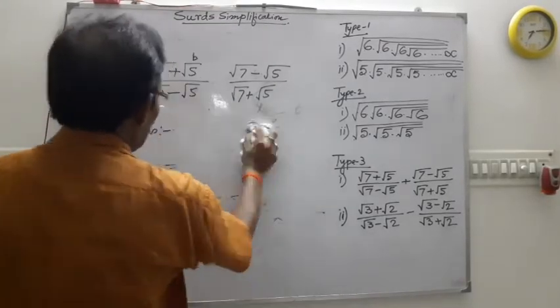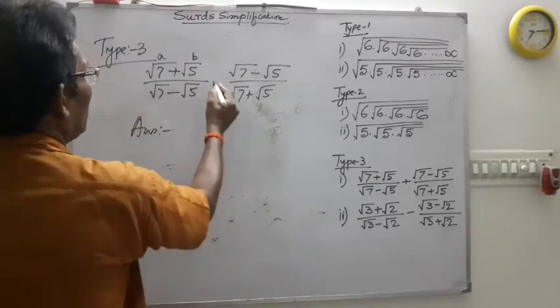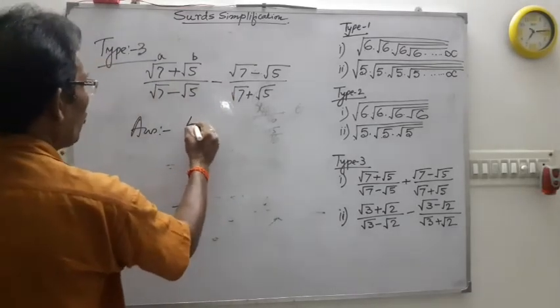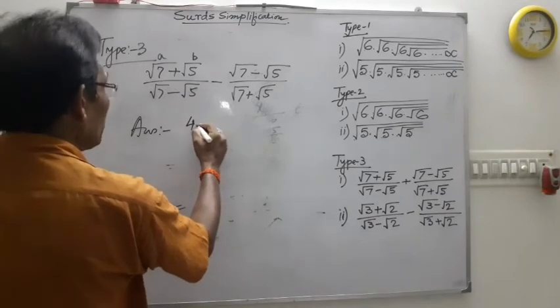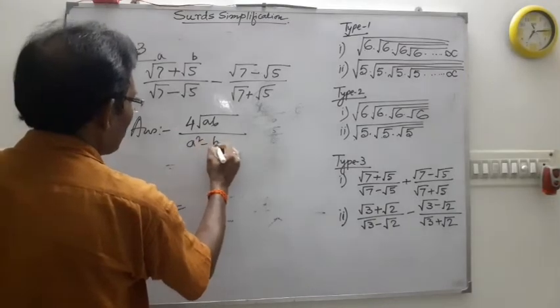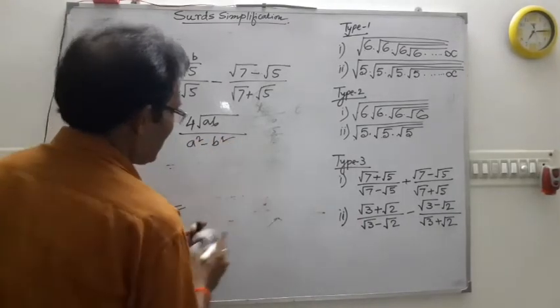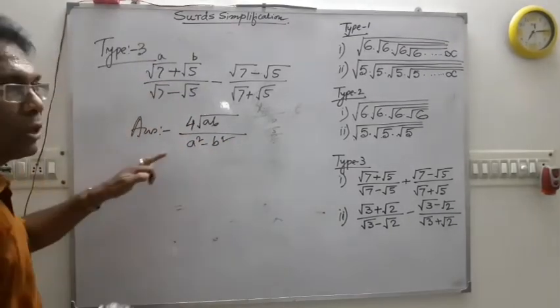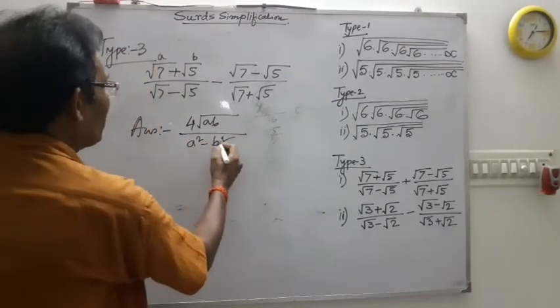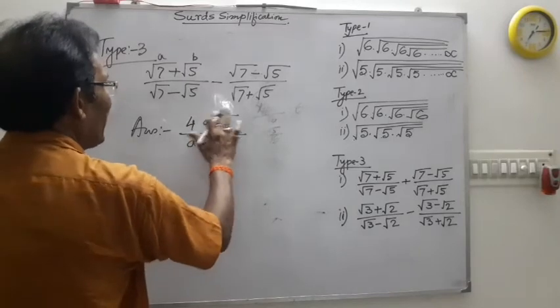In case of minus, the answer will be 4 root AB by A square minus B square. Actually 4 root AB.